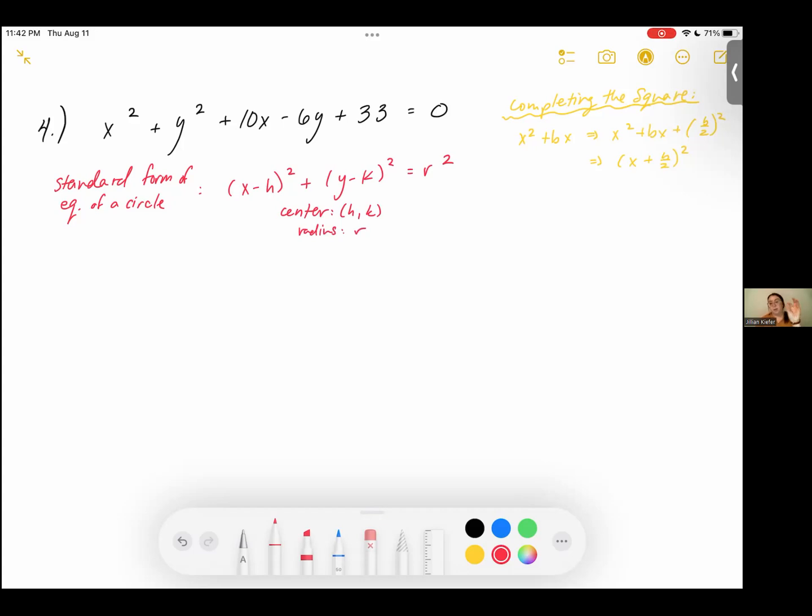So we know that this is what we want. This is our goal. So we need to take the equation that we have and turn it into our goal.